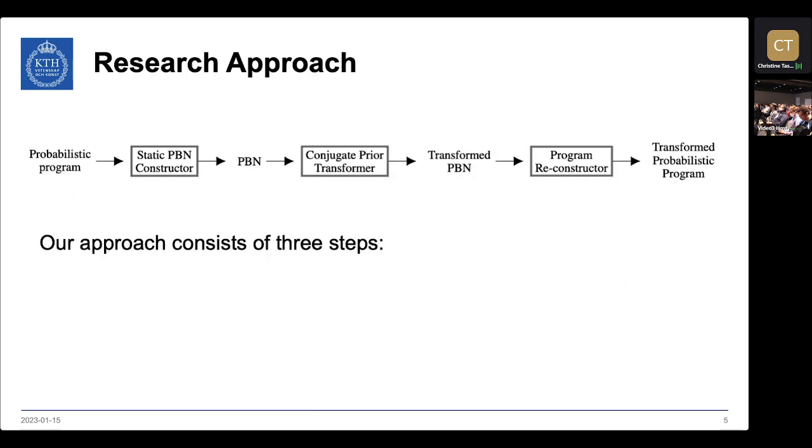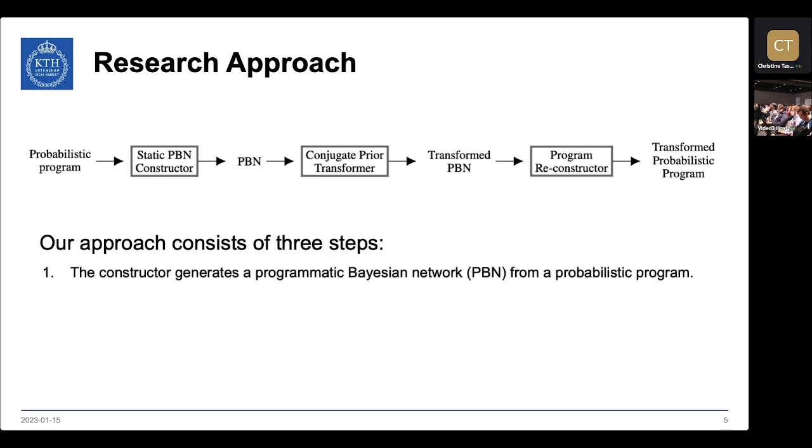Our research approach consists of 3 steps. In the first step, we take a probabilistic program and generate a graph out of it, which we call a programmatic Bayesian network. This programmatic Bayesian network is just an extended Bayesian network that allows us to encode everything that a Bayesian network cannot encode directly, such as function calls, loops, and this kind of structure.